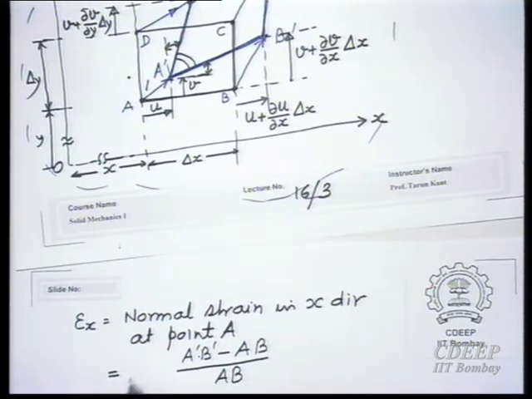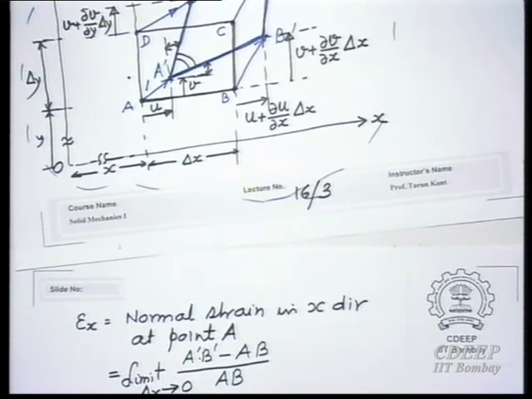So this has to be defined in the limit as delta x tends to 0. This is the definition of a normal strain in x direction, from the physics of the problem.